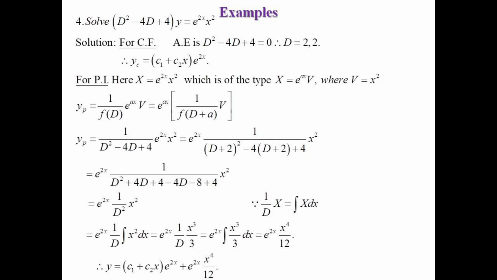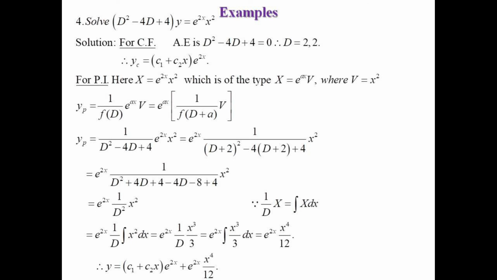Now observe that this is of the type 1/D of x, which is equal to the integration of x dx. If we apply this formula, we get e^(2x) · 1/D². We can split it into two parts, 1/D into 1/D. So 1/D means integration of x² dx, which gives e^(2x) · 1/D · x³/3.